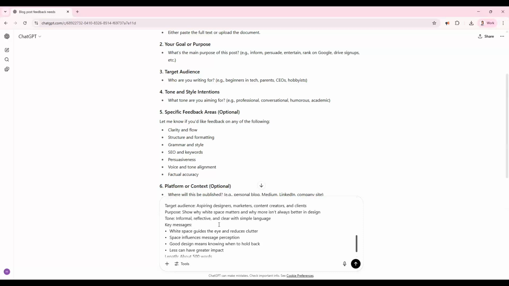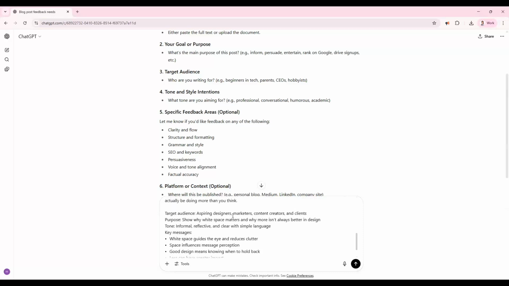Here I have established that my target audience is aspiring designers, marketers, and content creators. The purpose is to show why white space matters and why more isn't always better when we think about design. I want a nice reflective tone. I want it to be informal. I don't want it to be too wordy.